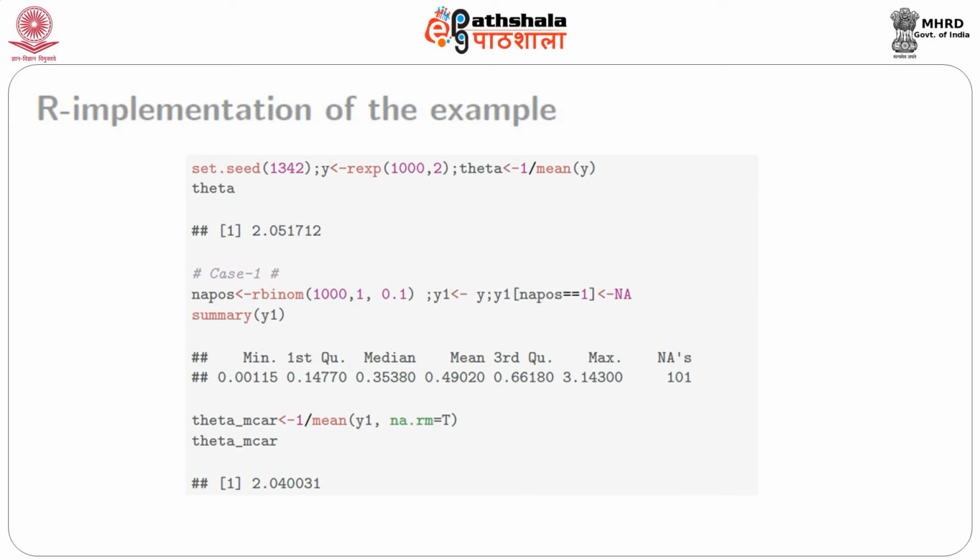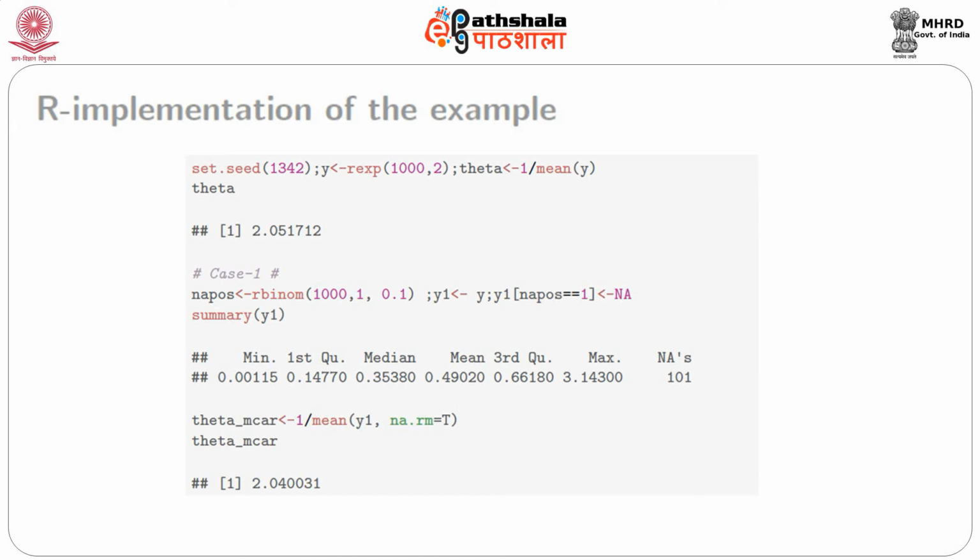We generate 1000 random values using rbinom, that is, random samples from a binomial distribution, and for the positions where the random values are 1, we replace the value by NA. So we have observed as well as unobserved values, which we see by summary of y1.